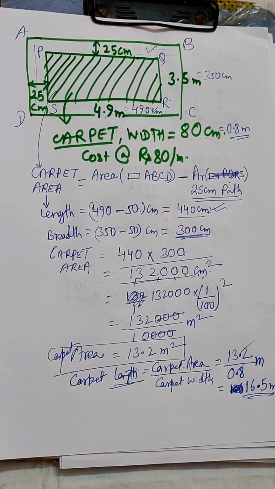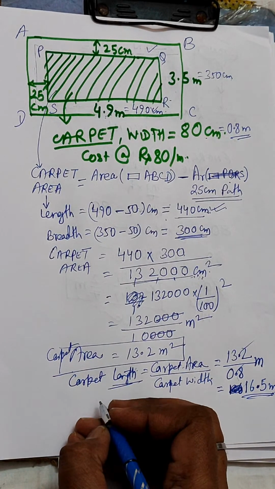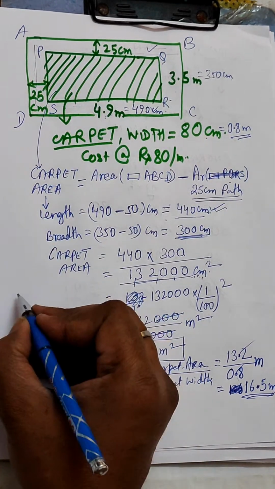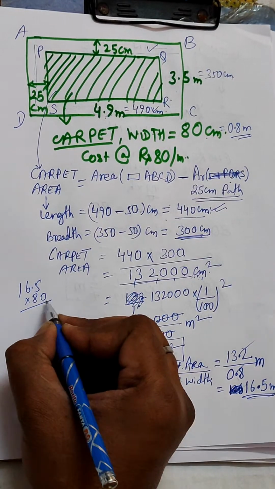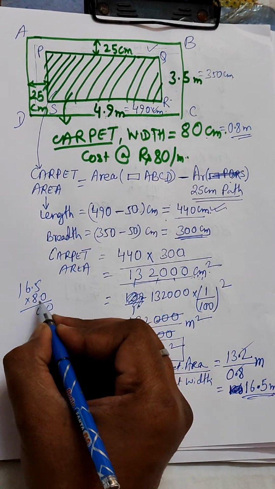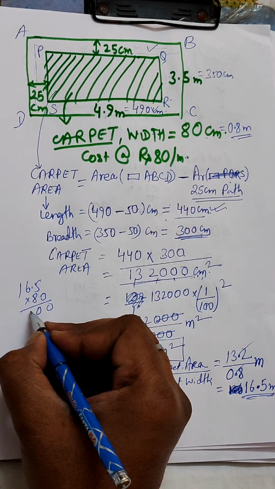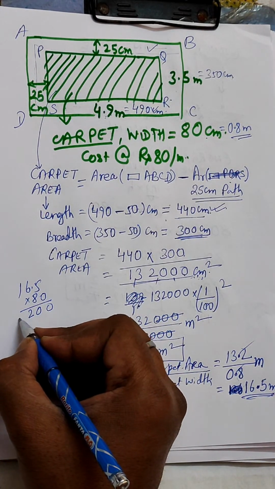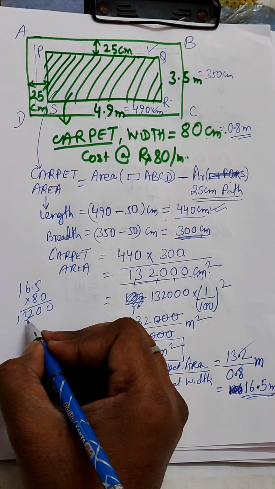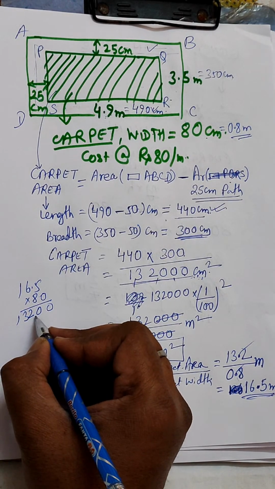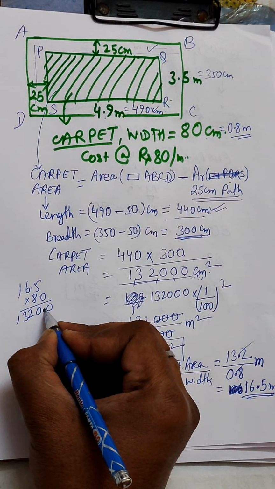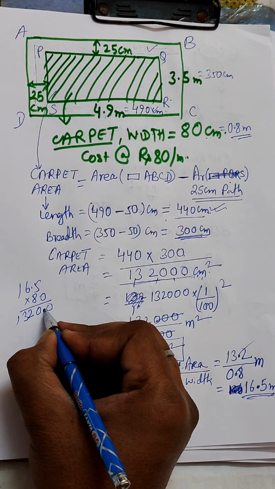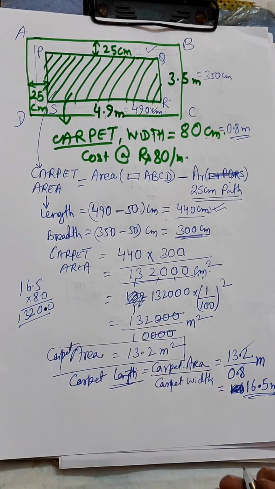And when you multiply it with 80, this is the total cost. 16.5 into 80 will give you 1320.